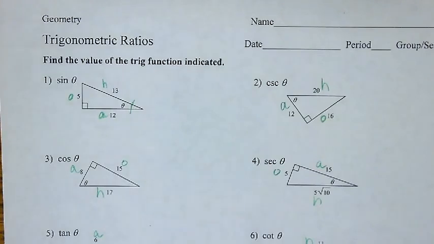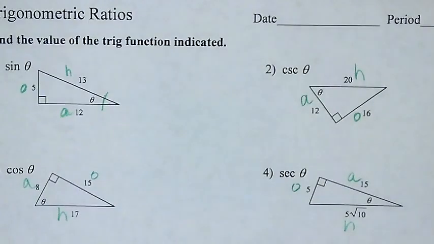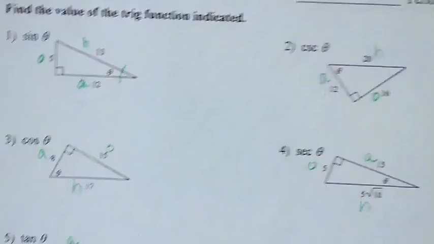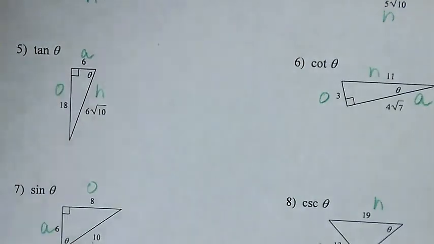O for opposite, H for hypotenuse, and A for adjacent. You good there? There's 5 through 8.